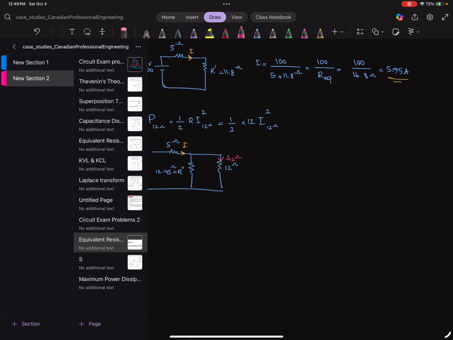So I of 12 ohm, this is like a current division, is going to be 12.45, the other resistance value, over the summation of the two resistances, multiplied by I. So it's going to be 12.45 over 24.45 multiplied by 5.95.